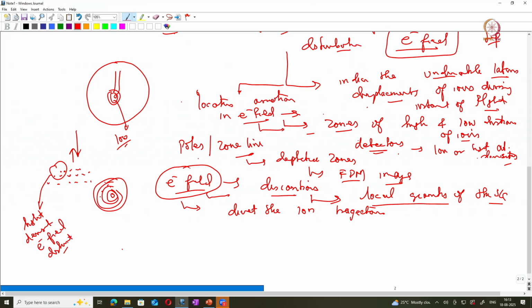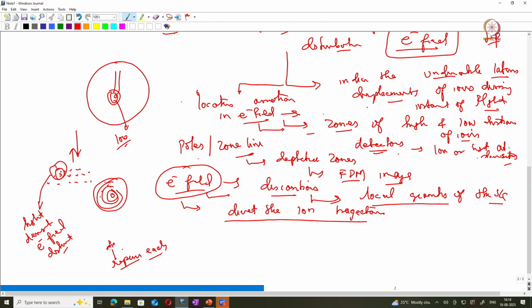So if you have a high density of electric field distribution, then locally the atoms which are located in these regions get ionized, and due to the curvature effect, these ionized atoms get repelled from each other, due to which they divert the ion trajectories.